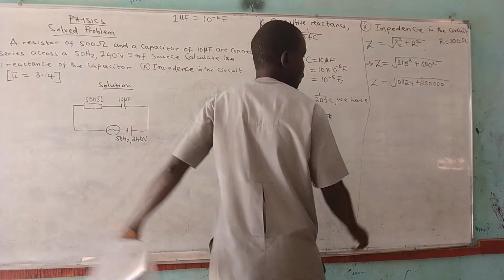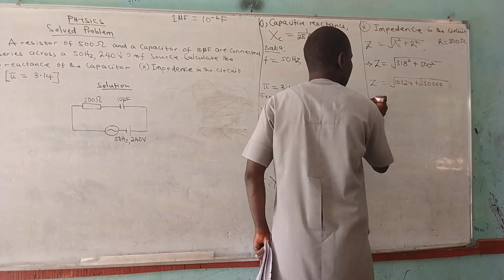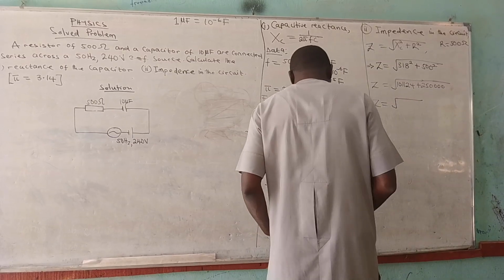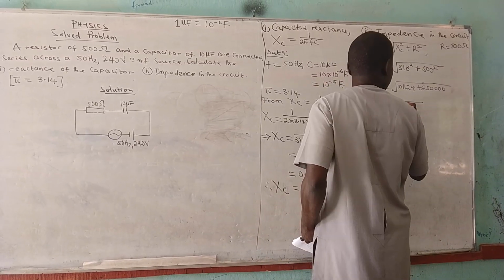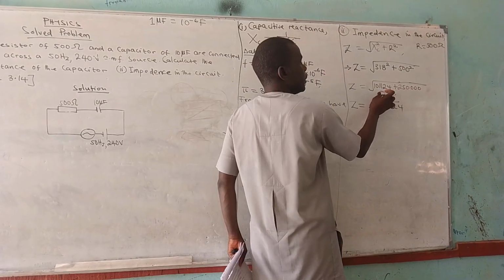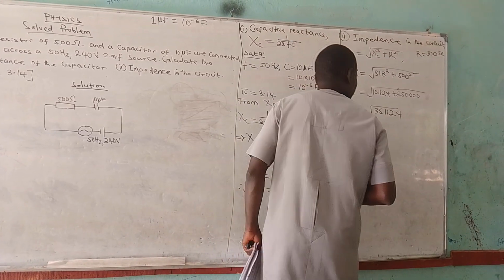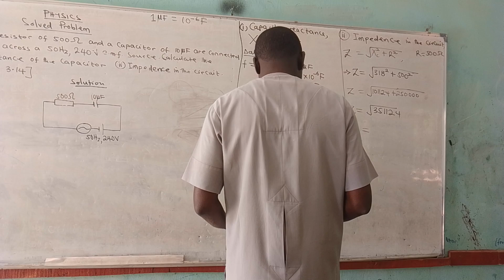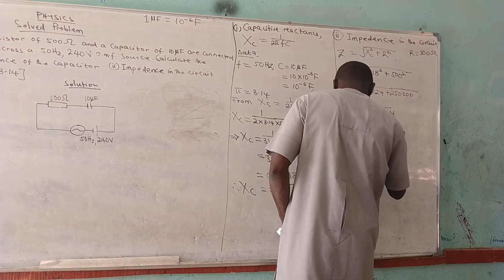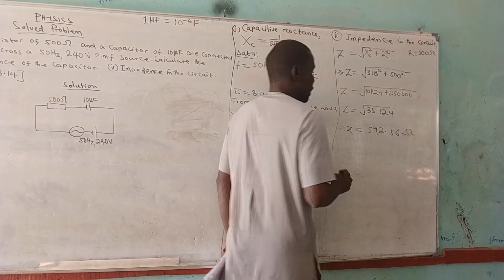When you square 500, you get 250,000. So our Z is the square root of the sum. When you add this, what do you get? 351124. Add this plus this, you get this. So therefore, our Z, when you take the square root, you get 592.56 ohms.